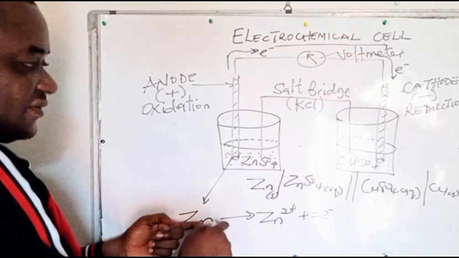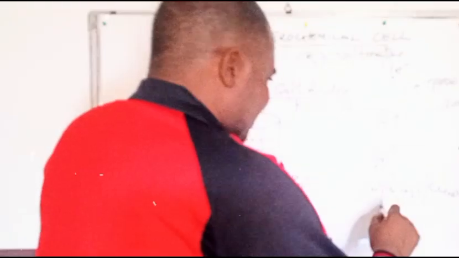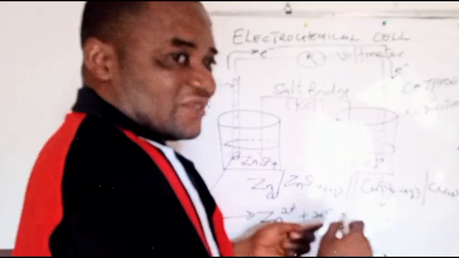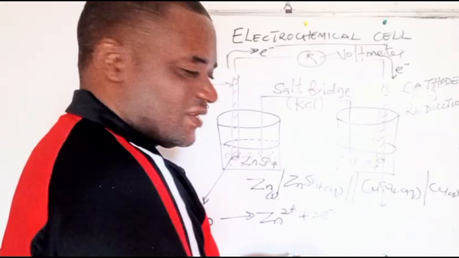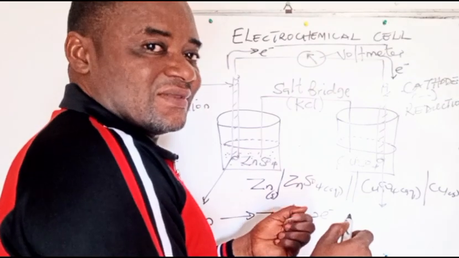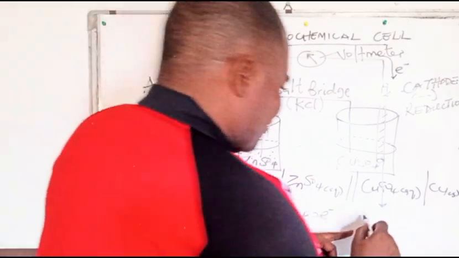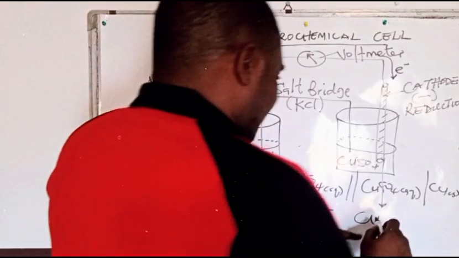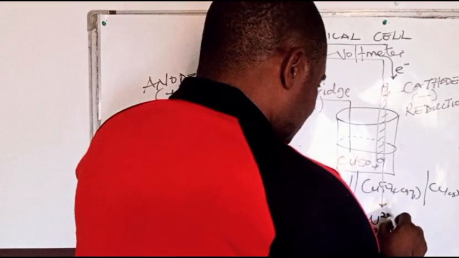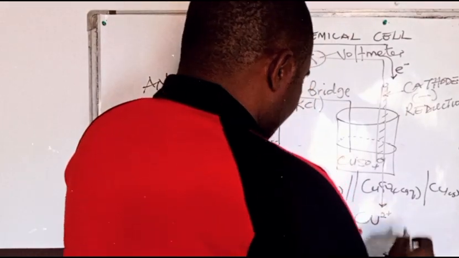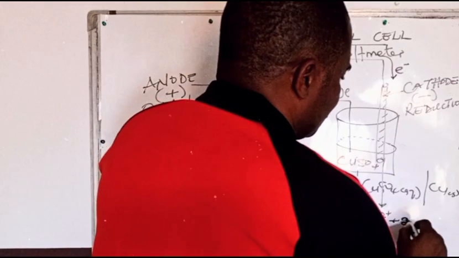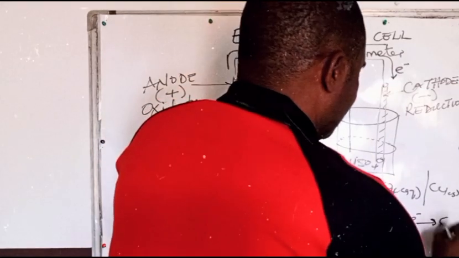That is the oxidation reaction. And in the cathode, which is a reduction reaction, copper is reducing. So we write the reduction reaction: copper 2 plus plus 2 electrons reducing to give us copper.